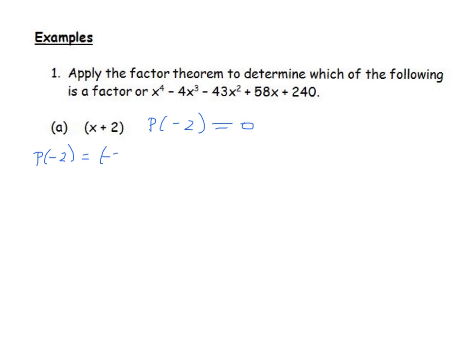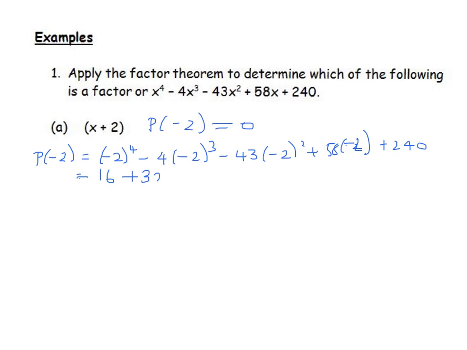So it's going to be minus 2 to the power of 4, minus 4 times minus 2 cubed, minus 43 times minus 2 squared, plus 58 times minus 2, plus 240. So that'll be 16 plus 32 minus 172 minus 116 plus 240.